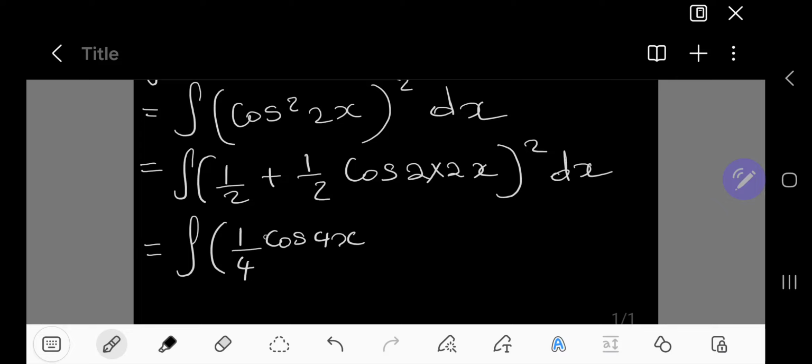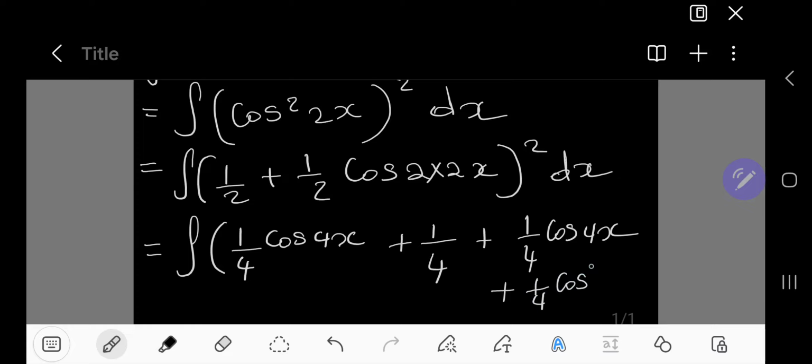Plus 1 over 4 cos 4x, plus another 1 over 4 cos 4x, plus 1 over 4 cos squared 4x. Then we close the bracket and have dx.